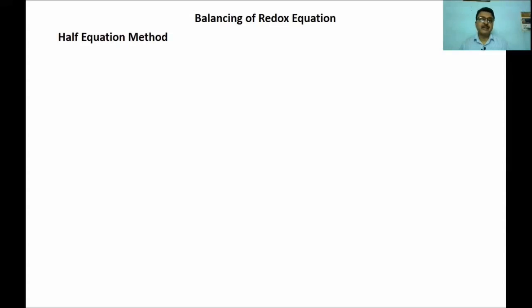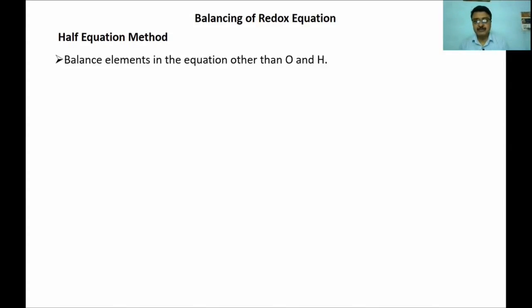So before that, let us quickly summarize what the half equation method is. I hope all of you are very well acquainted with it. So half equation method has certain well-defined steps.